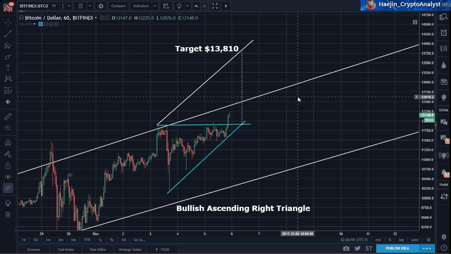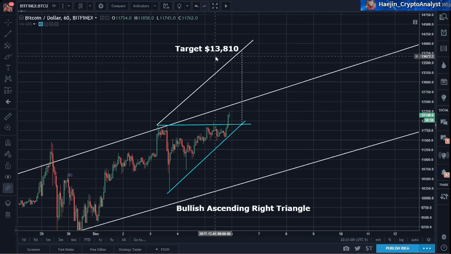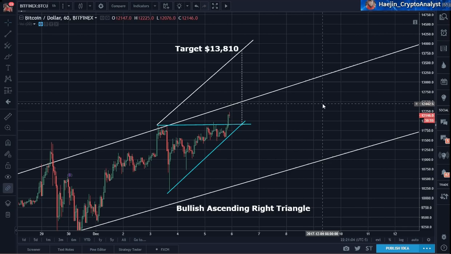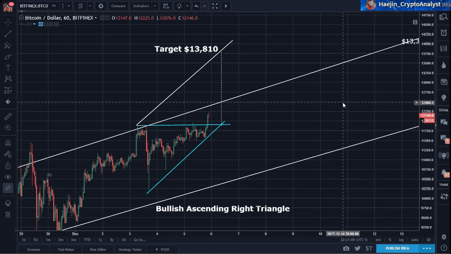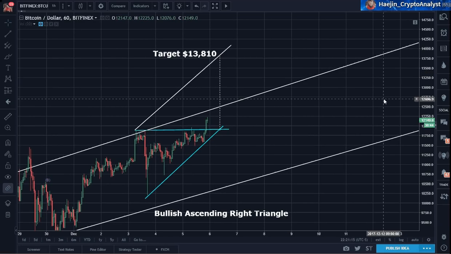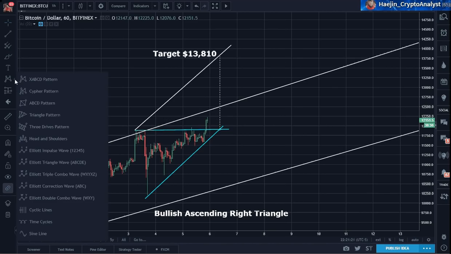Now bear in mind that the minimum is quite often, almost always, exceeded. And I think this is pretty interesting because I think this is what's going to happen. Let me draw out the waves.